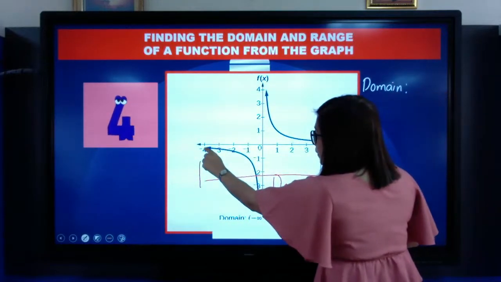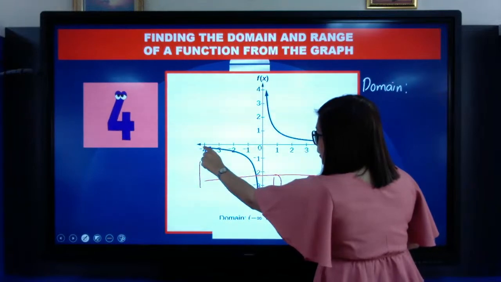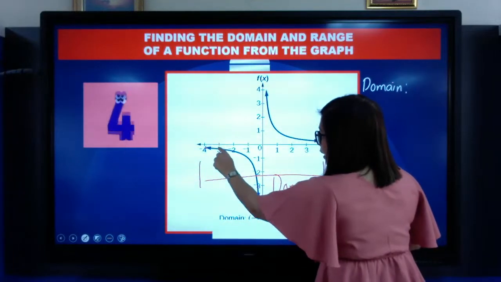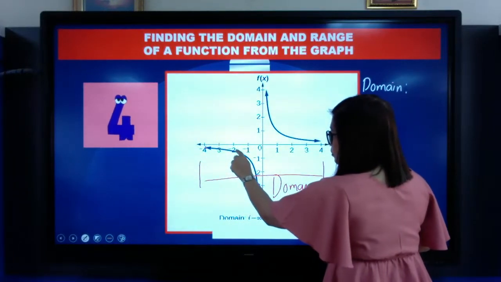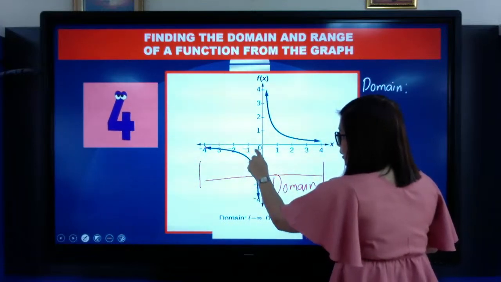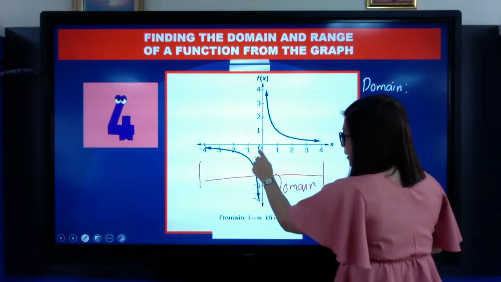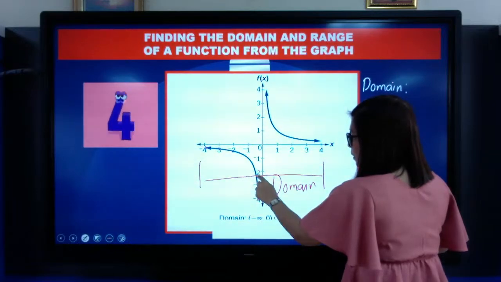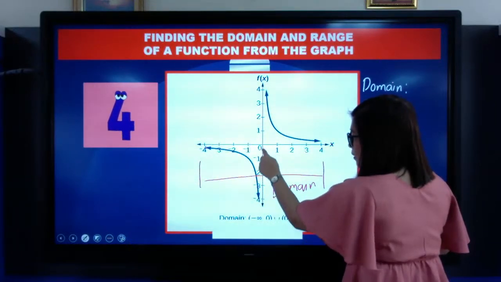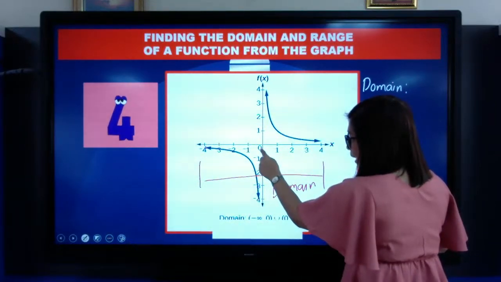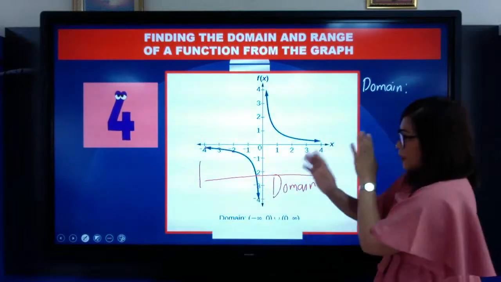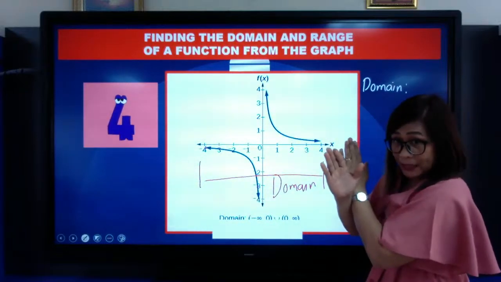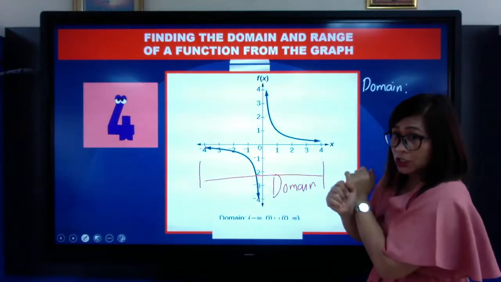But your values of x here, you see, x here is -4, x is -3, -2, x is -1. Here, x is -0 point something. It gets closer to 0, but it will not intersect. It will not touch.